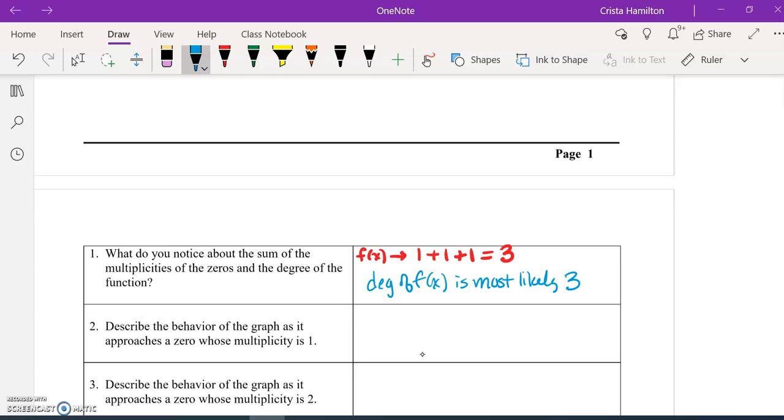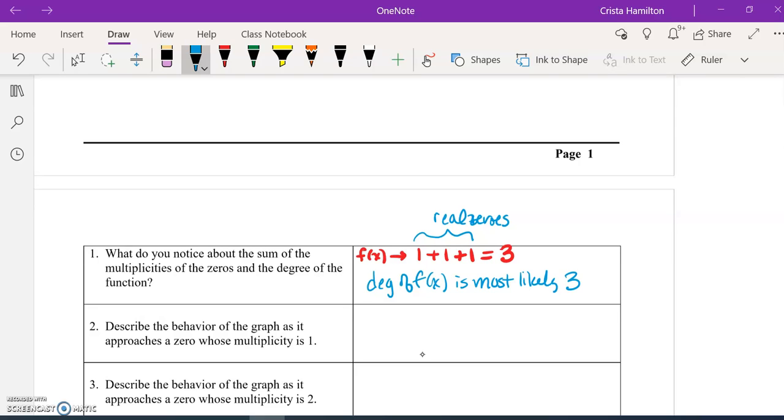Now, the reason we say most likely 3 has to do with real zeros versus complex zeros, which you would have talked about in Algebra 2. When I'm looking at the x-intercepts, these are the real zeros. We haven't talked about complex zeros yet; that's going to come in a later section.